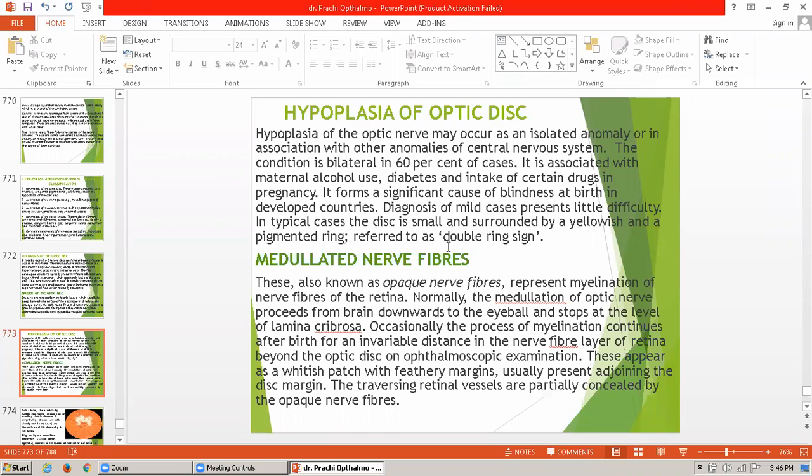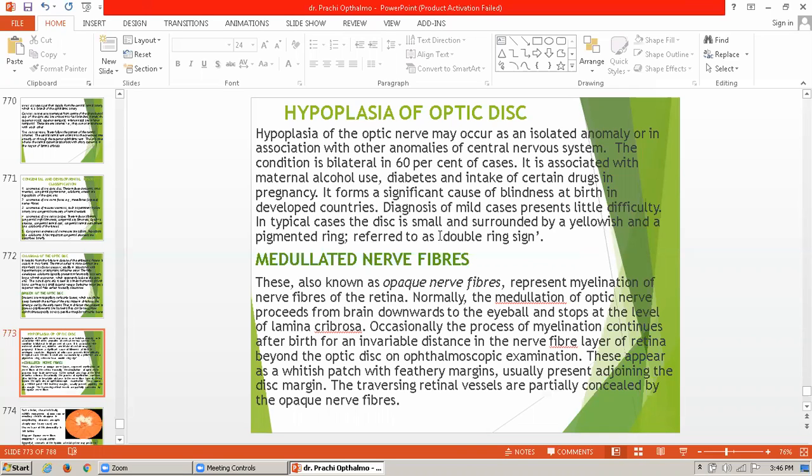The diagnosis of mild cases is a little difficult. In typical cases, there is a yellowish or pigmented ring, which is called the double ring sign.